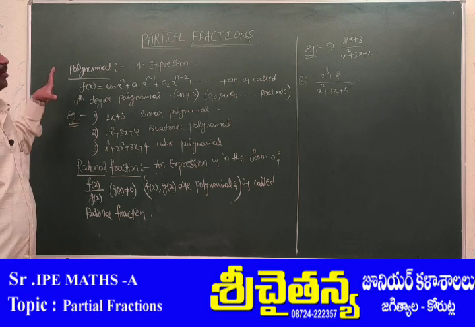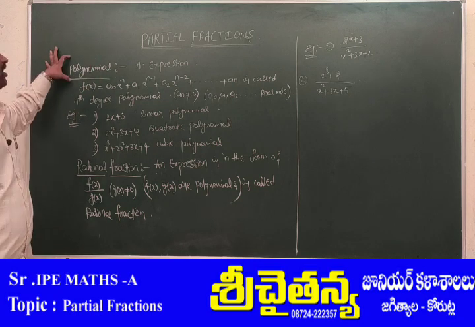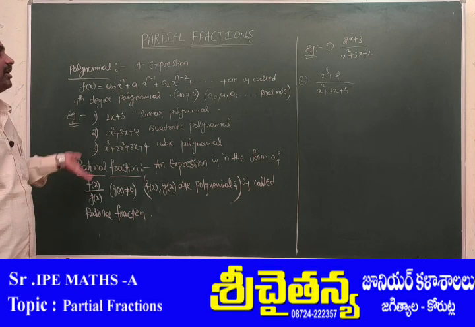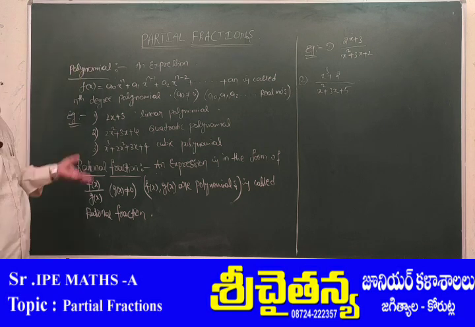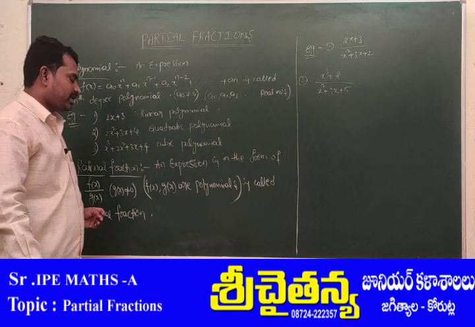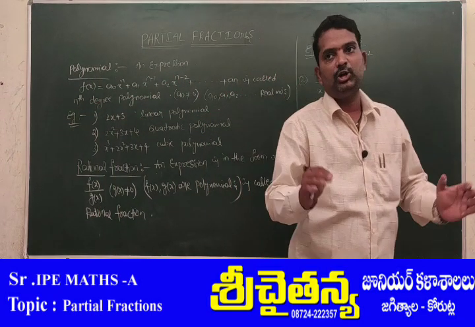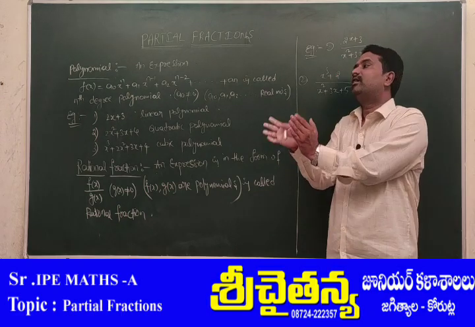So this is a complete introduction to polynomials and rational fractions. What is meant by partial fractions? Partial fractions is when we express a rational fraction as a sum of rational fractions.